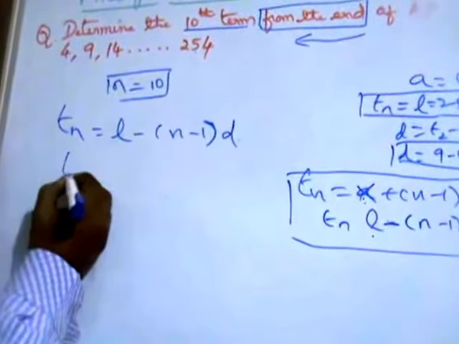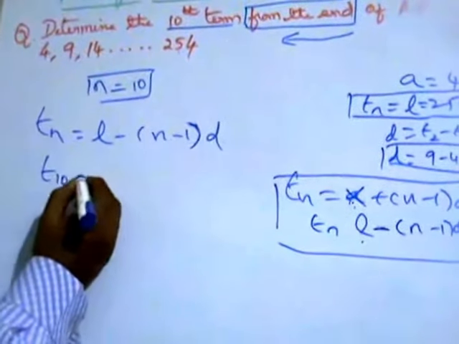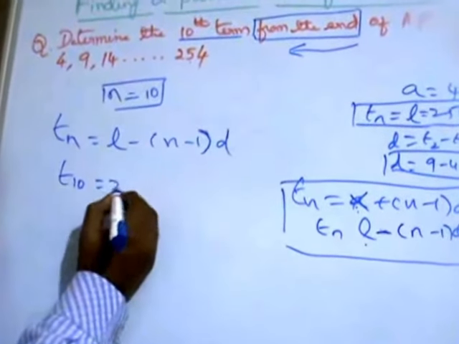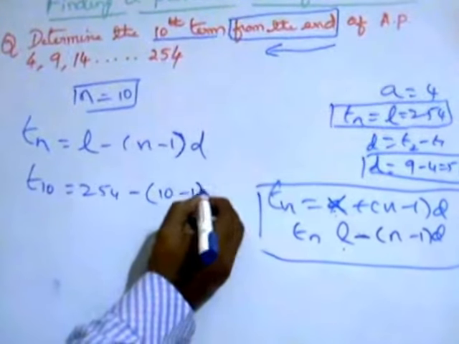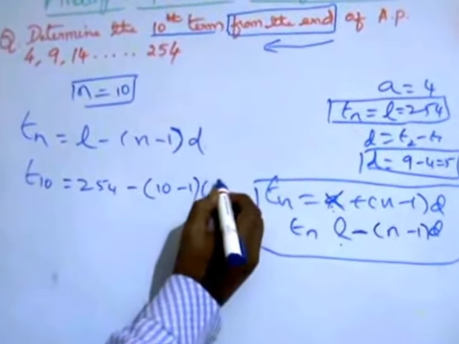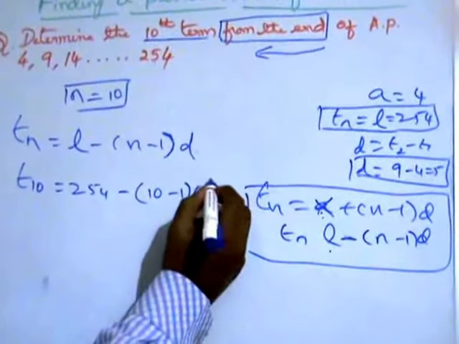Now we want the 10th term from the end, equal to the last term 254 minus n minus 1, that is 10 minus 1, into D, which is 5. 9 minus 4 is 5.